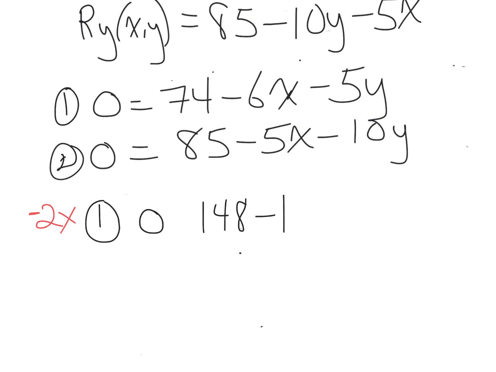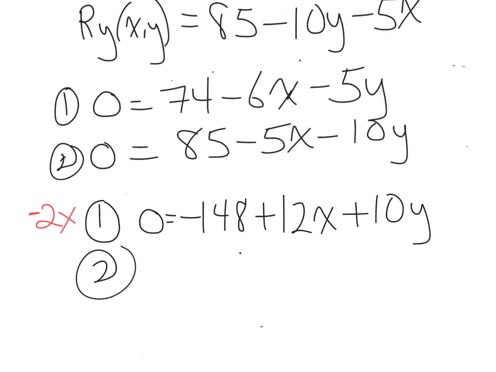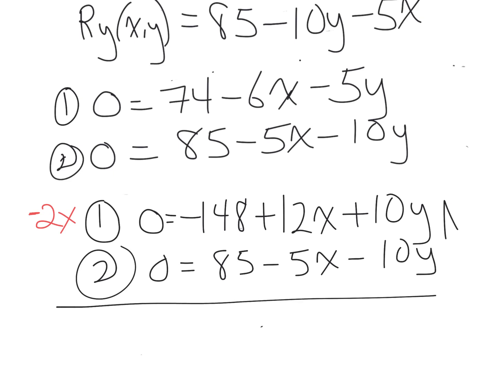And then I'll be able to add. And then the second partial derivative, I will just leave it as it is. And now I can add those two partial derivatives together.